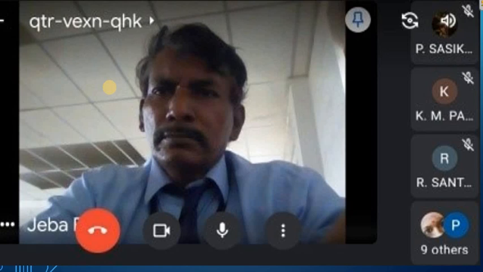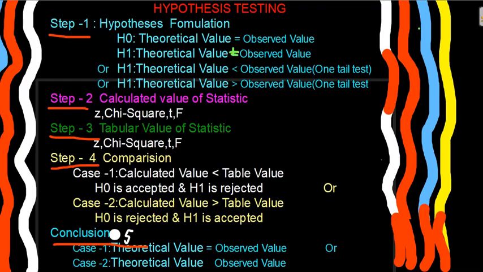Just before, I was explaining that null hypothesis means the observed value and theoretical value are equal, there is no significant difference. If there is a significant difference, then we say it is the alternative hypothesis.